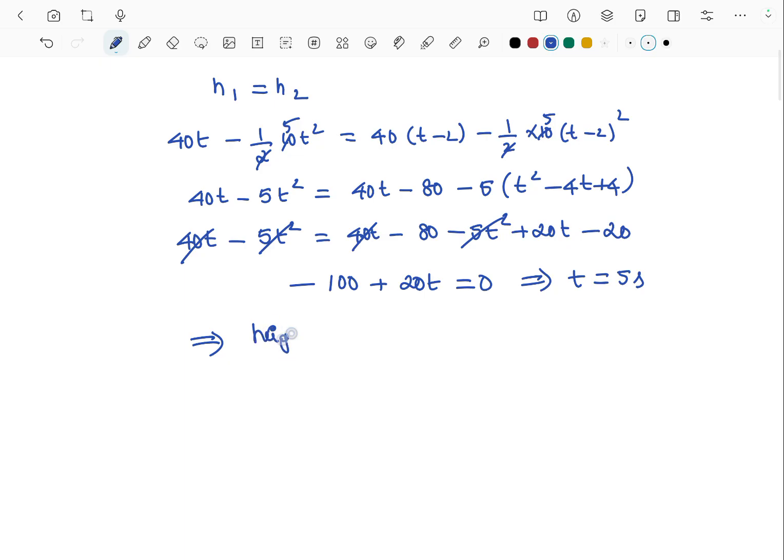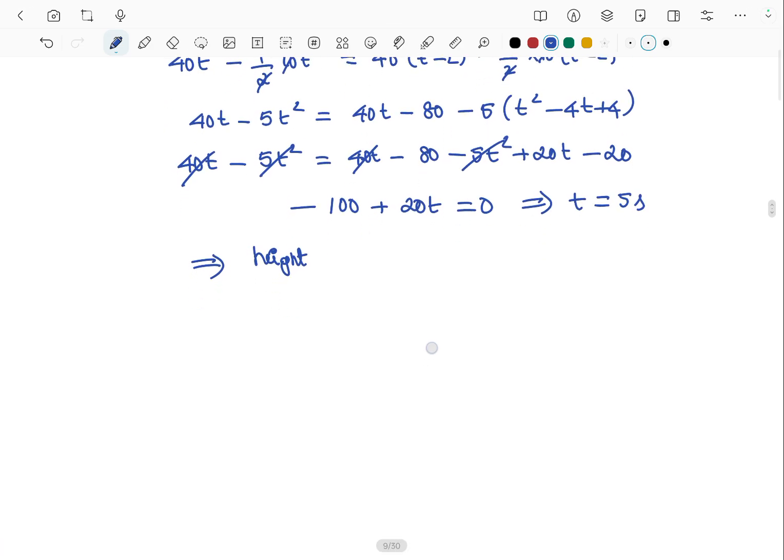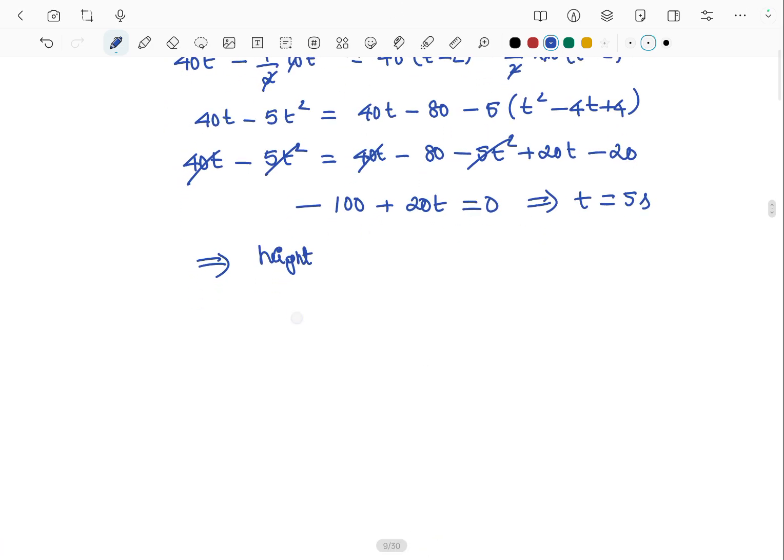The height at which the two balls collide. Let's put the value of t in any one of the equations. So h1 will be equal to 40 into 5 minus half into g, which is 10, into t square, which is 5 square.